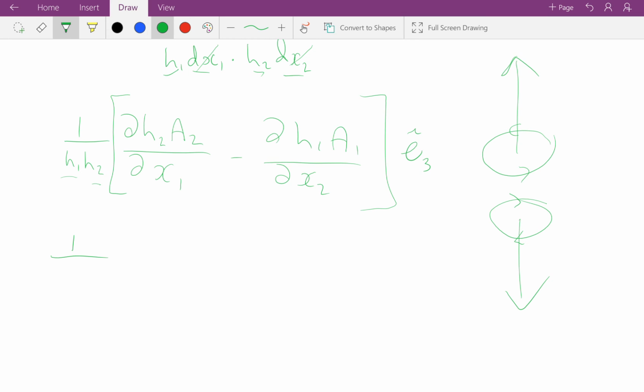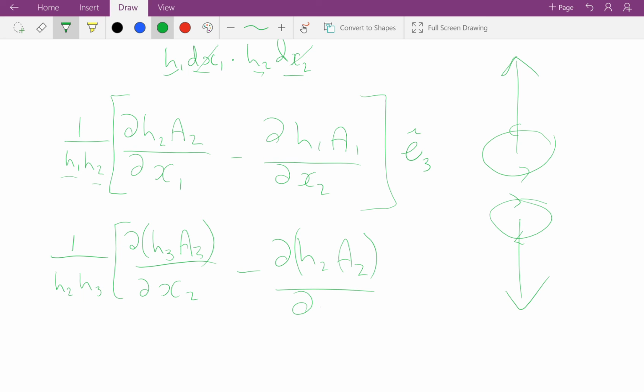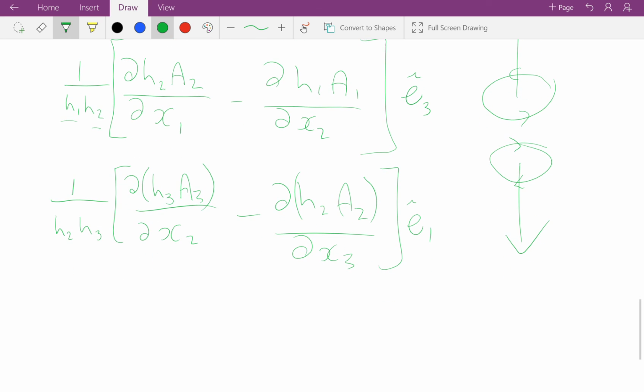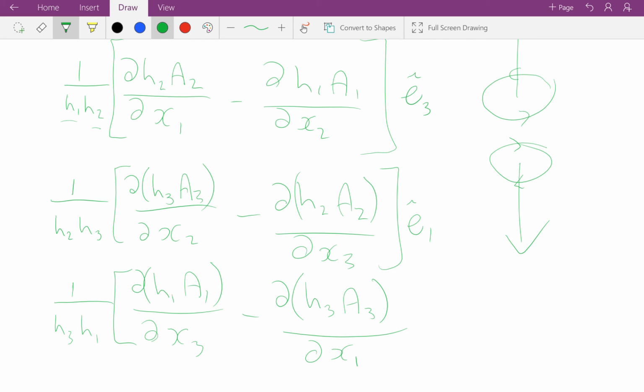So it's 1 on h2 h3, del h3 A3 on del x2 minus del h2 A2 on del x3, E hat 1, and 1 on h3 h1, del h1 A1 on del x3 minus del h3 A3 on del x1, E2.